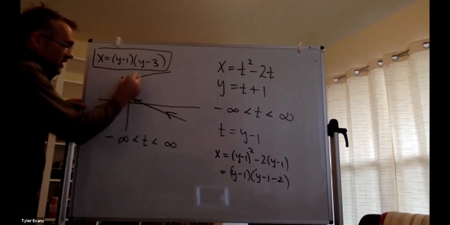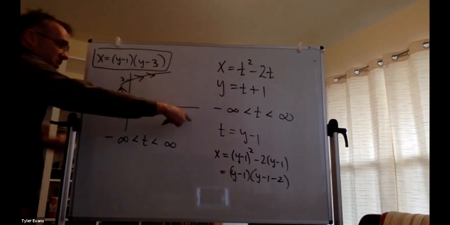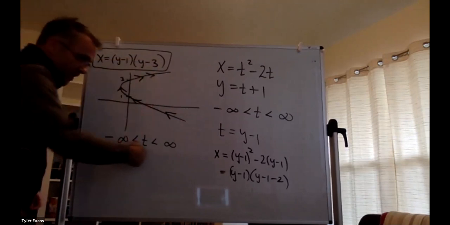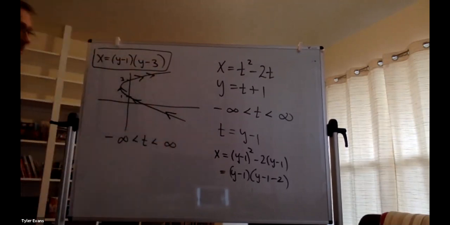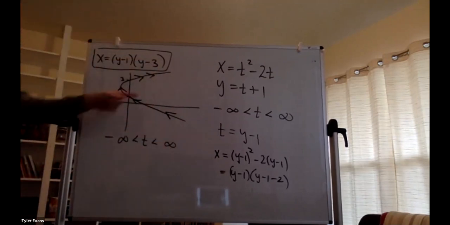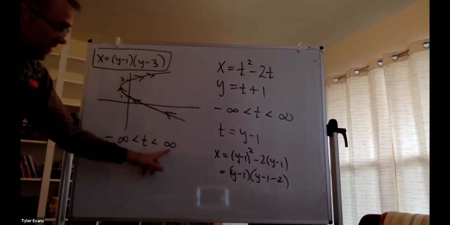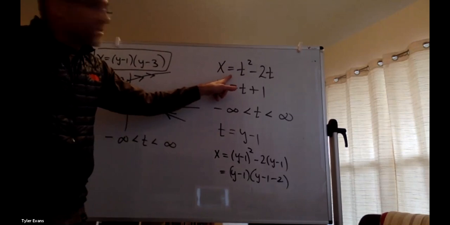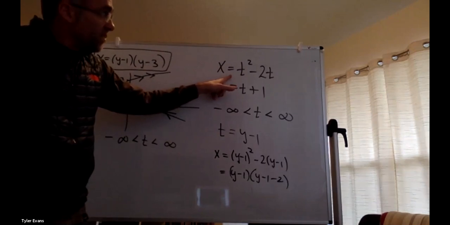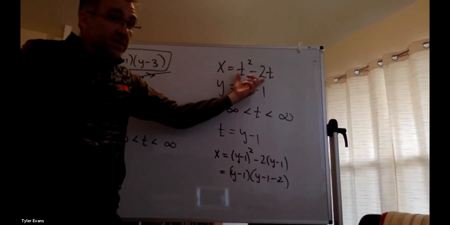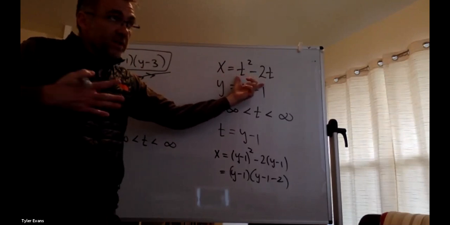The direction indicates the direction that you would move along the curve as the parameter increases. So like we were talking about before, as t goes from minus infinity to infinity, the first equation, the x equation, that parabola we were looking at, it's harder to see it in this form. So go back in the video if you need to.